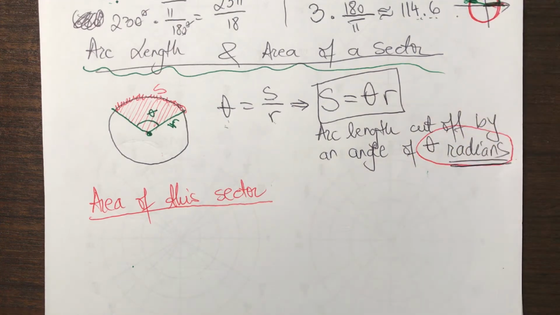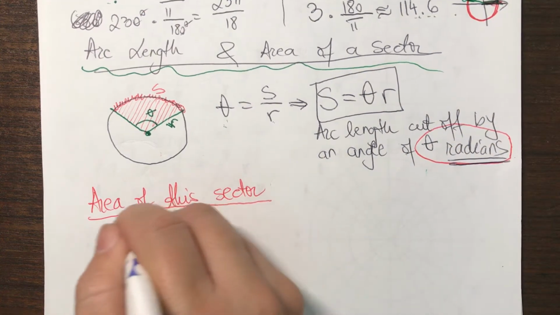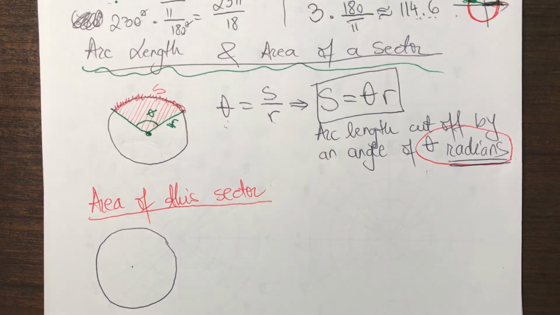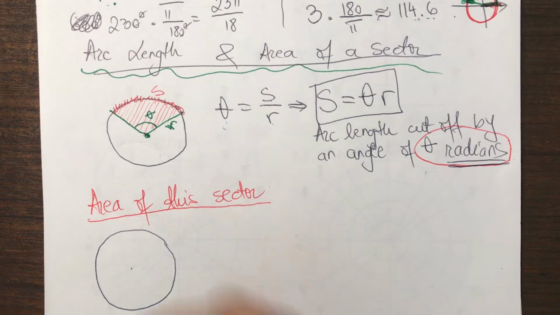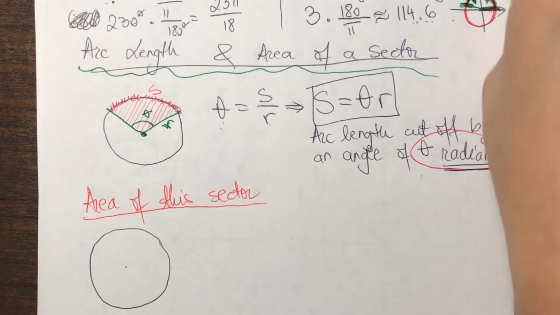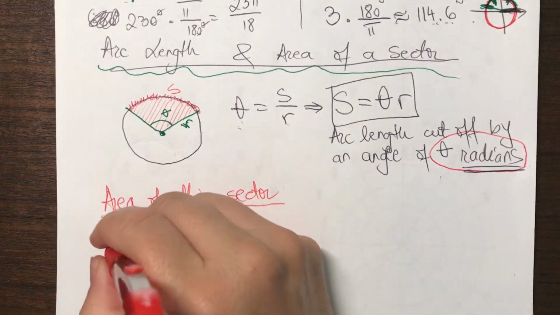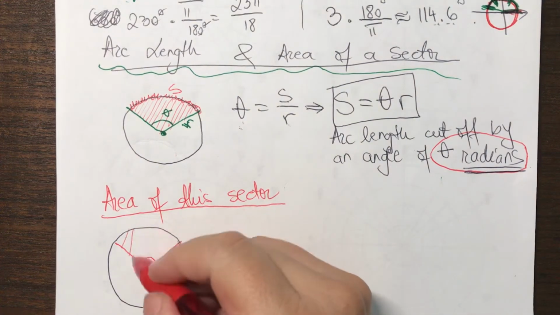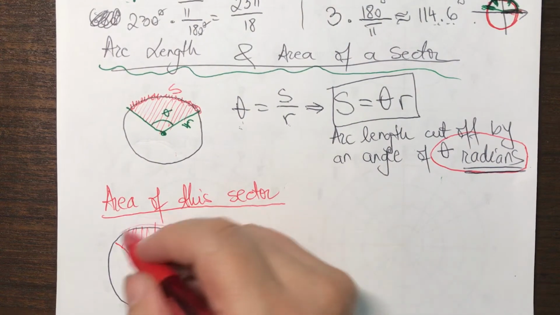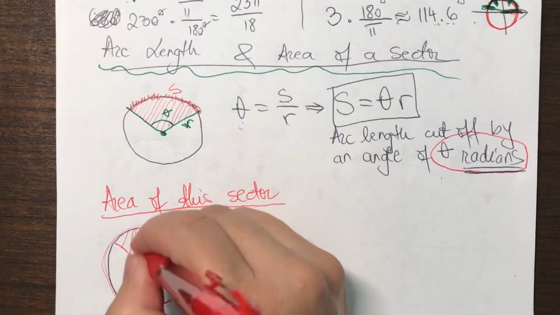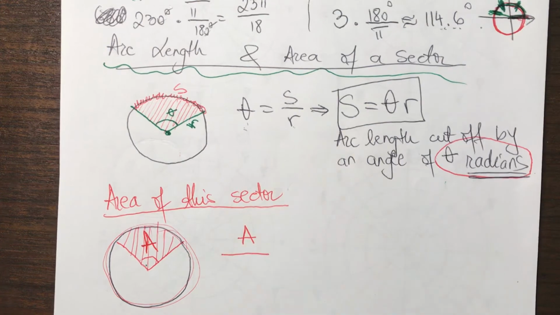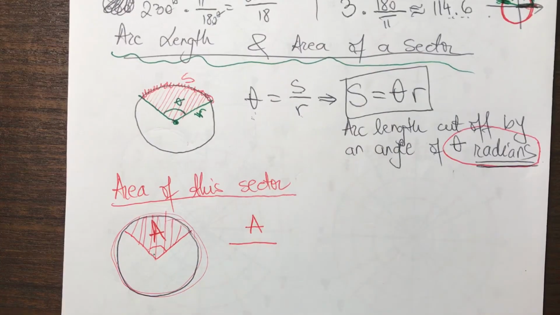And so I'm going to show you what I would do if I didn't remember this formula, just in case you ever forget it. It's as simple as that. This piece of the pie is just a proportion of the whole circle. So what I'm saying is that this area is to the whole circle, which is what?